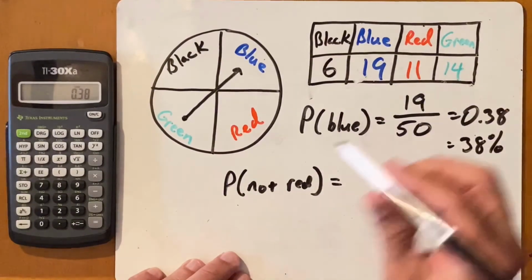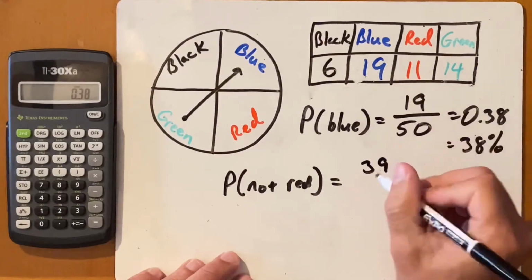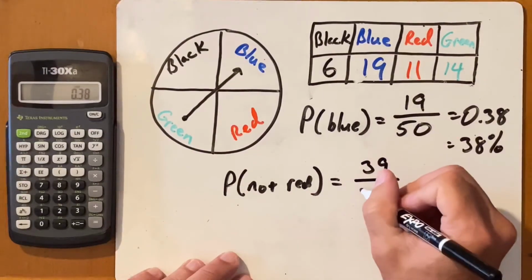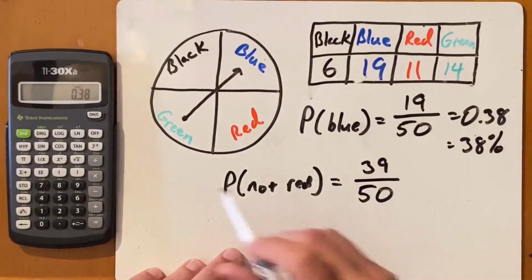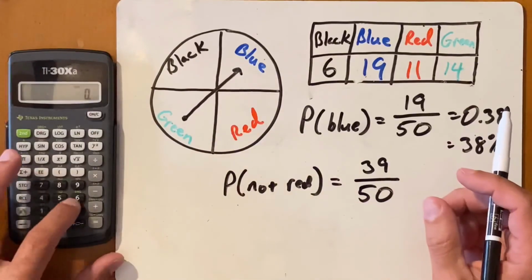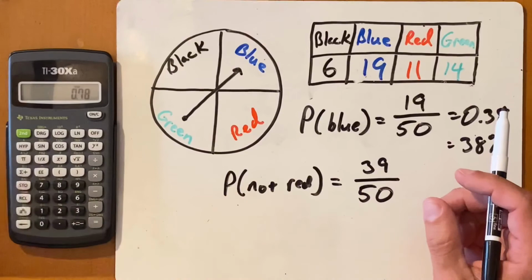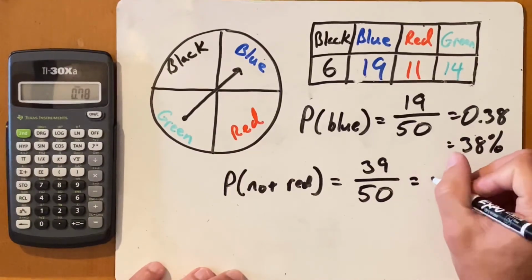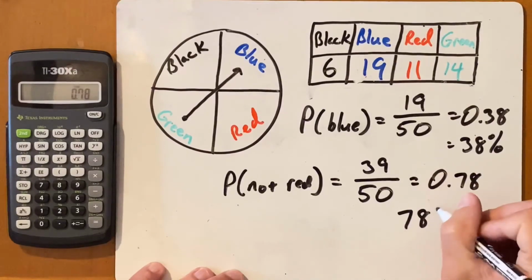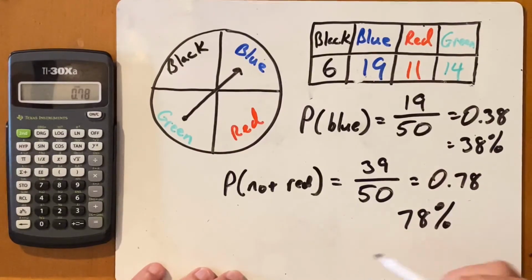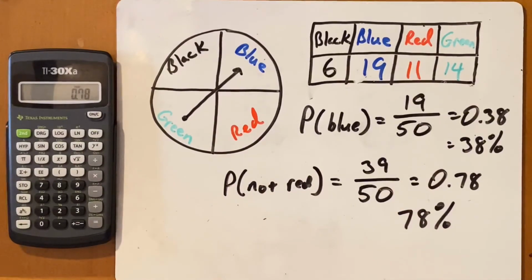That means my frequency of a color coming up that's not red is 39. Total frequency is still 50 trials, so I simply divide those, and in this case I get 0.78, or there's a 78% chance that if I spin it, a color will come up that's not red.